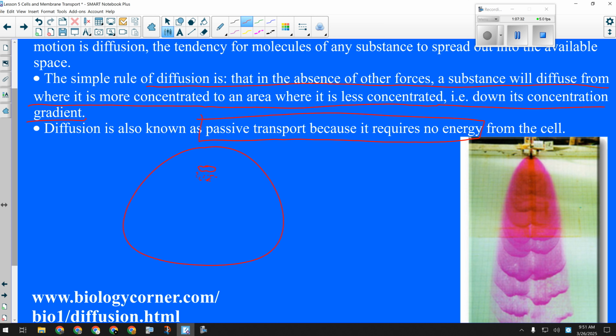Everywhere else, it's going to be lower in concentration. So these things naturally move away from that point of production. By the time they get this far away, they're further apart. There's just as many dots over here, but they're pretty far apart. If the target was right here, maybe only one of those dots actually ends up there.